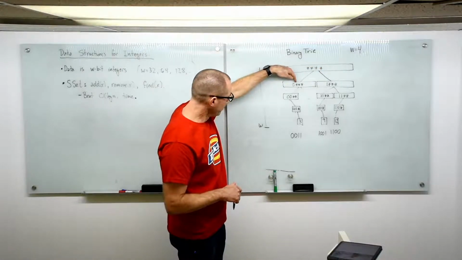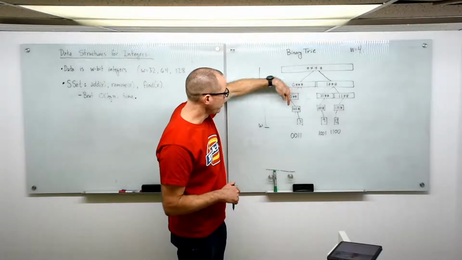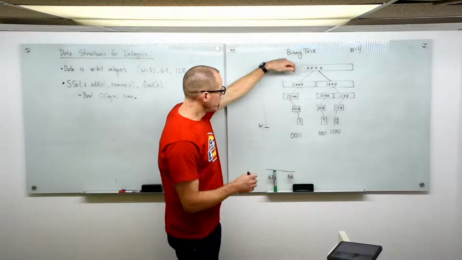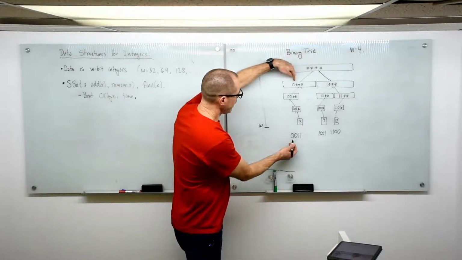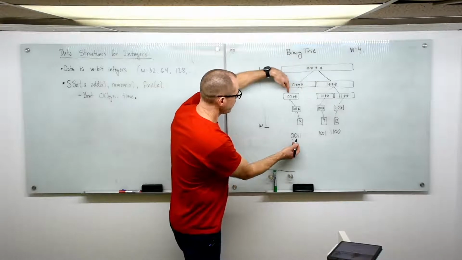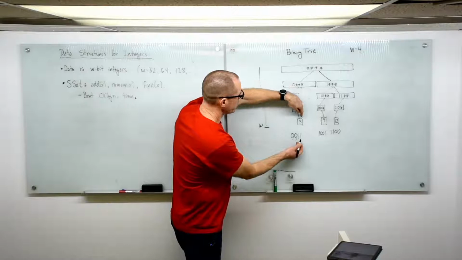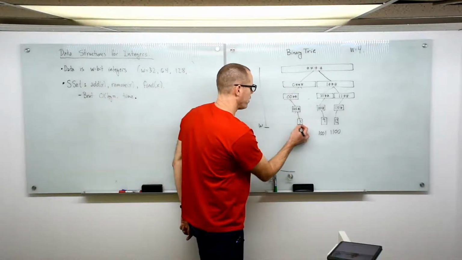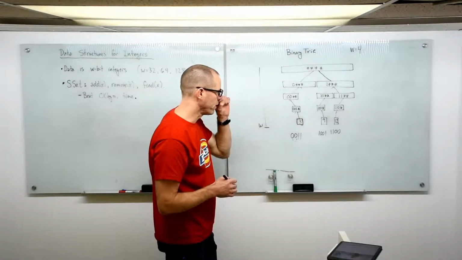And then you look at the next bit and go to the left child or the right child, depending on whether the next bit is 0 or 1. So for instance, for this thing, we see a 0 first, so we go left. We see a 0 again, so we go left. Then we see a 1, so we go right. And then we see another 1, so we go right. And that takes us to the leaf that stores this value.